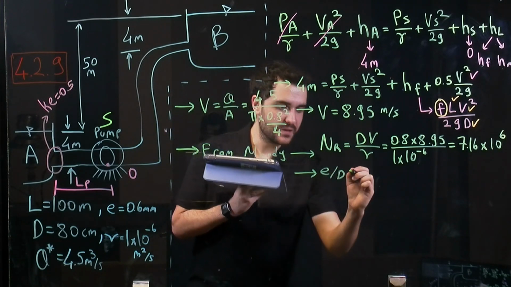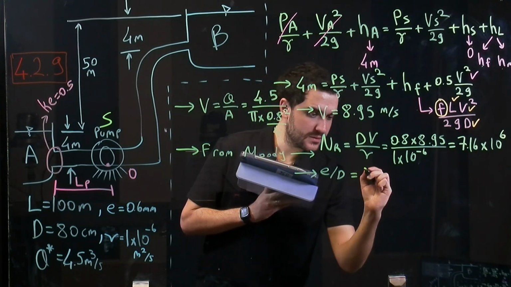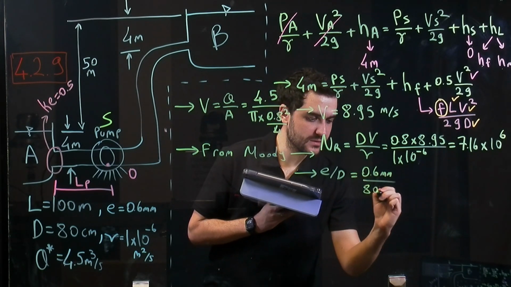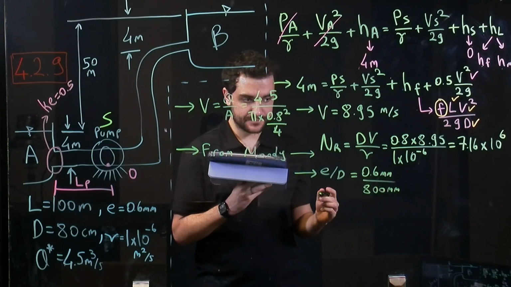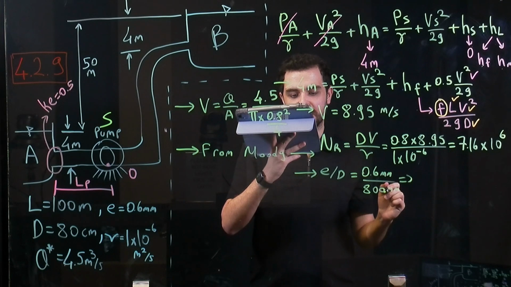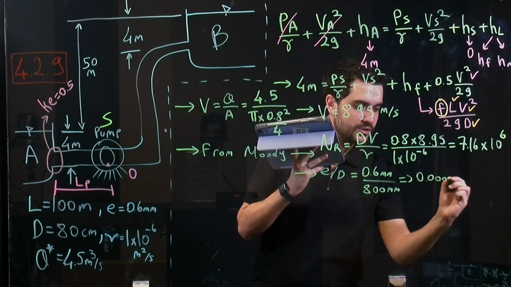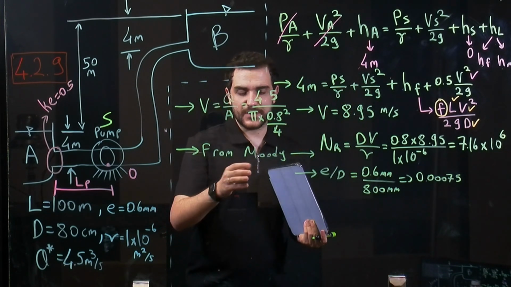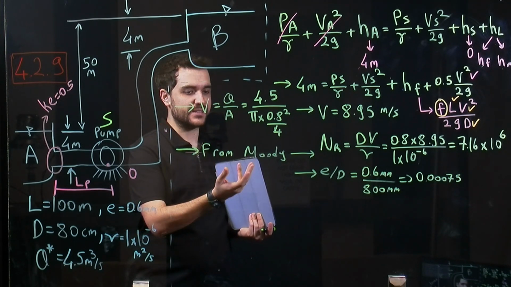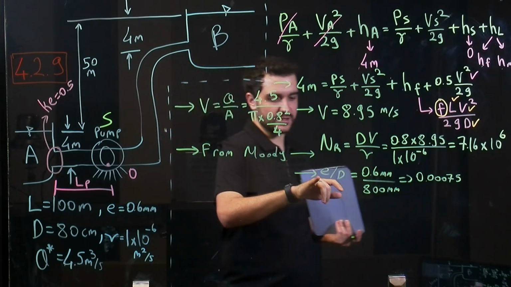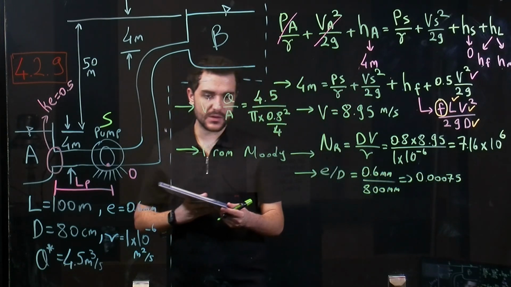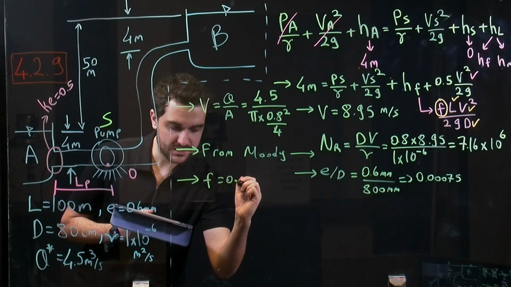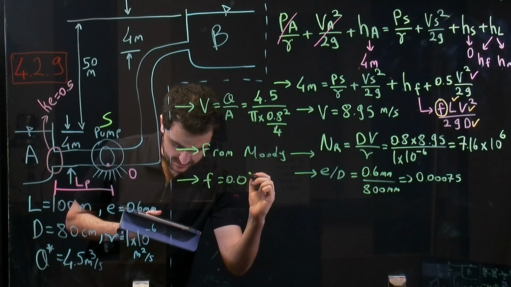And for e over D, we will have 0.6 millimeter over 800 millimeter, and it gives 0.0075. Since we did many examples with the Moody diagram, I will directly write the friction factor based on these two values. So from here, the friction factor is 0.0185.